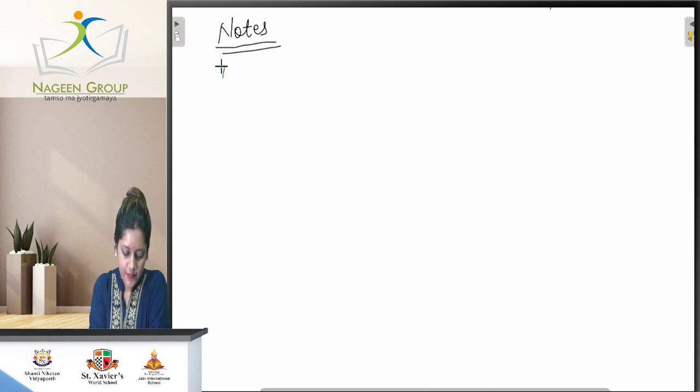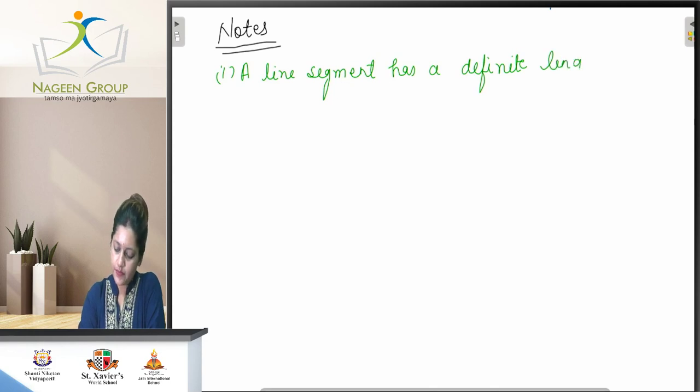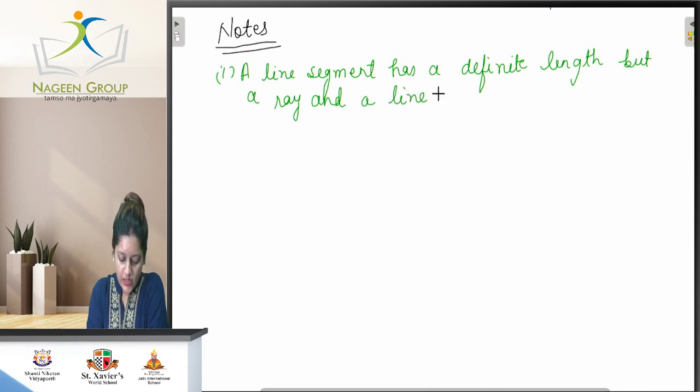Next, there are some notes related to these points. First, a line segment has a definite length, but a ray and a line have indefinite length.